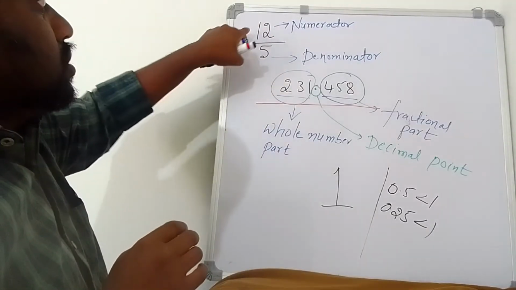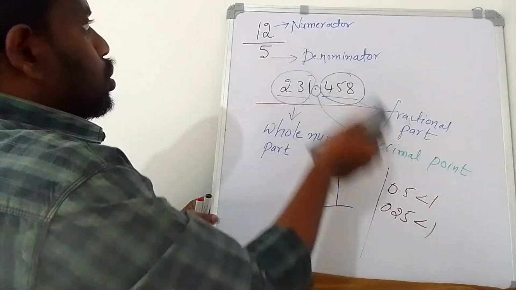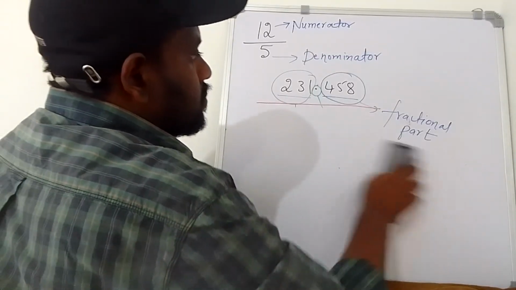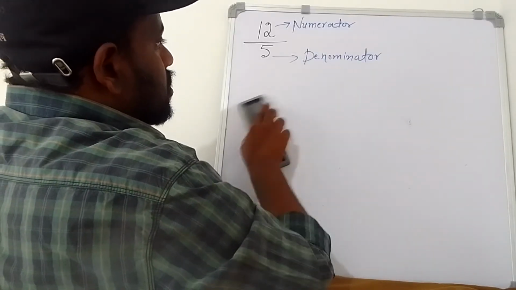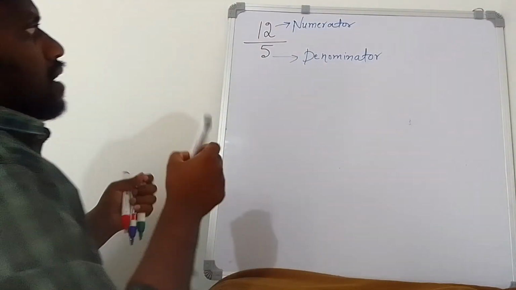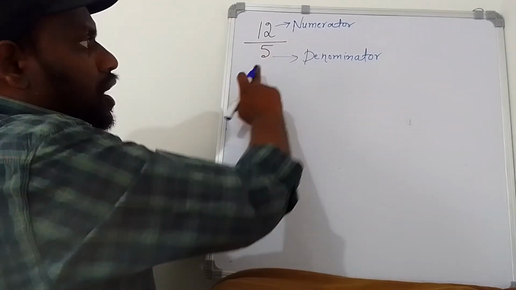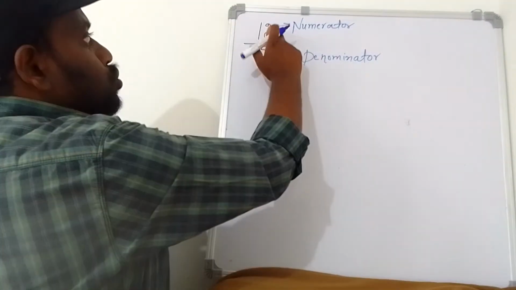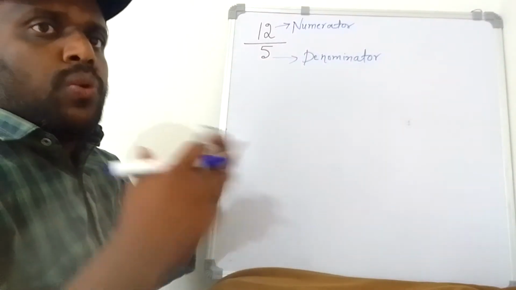Now I will go to this fraction. I have taken 12 by 5. To convert this fraction into a decimal number, you just need to divide this numerator 12 by this denominator 5.